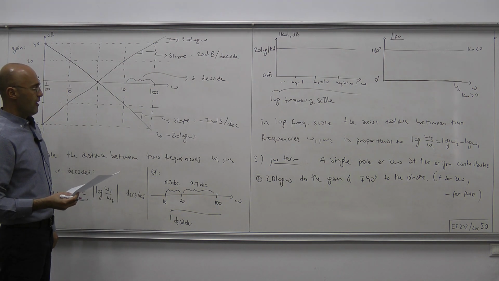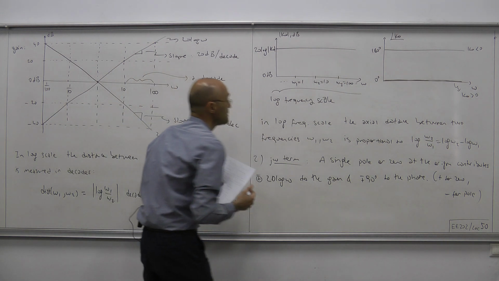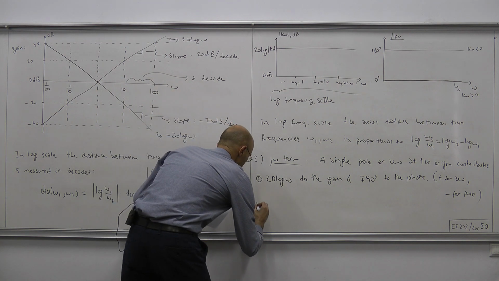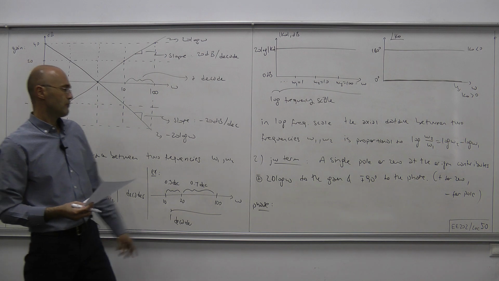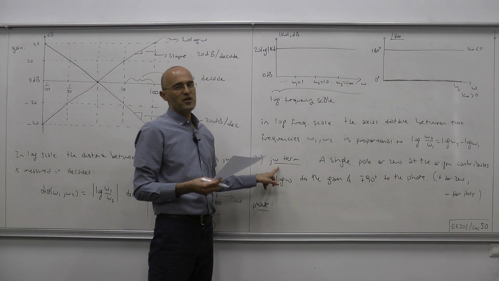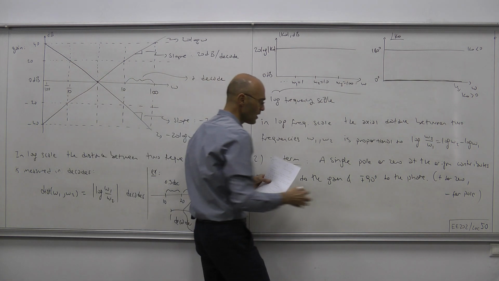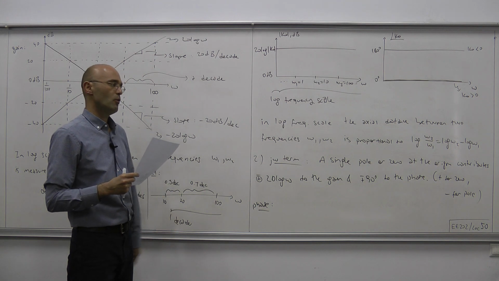Okay, and how about the phase? The phase of the j omega term, well, we can squeeze it here because it's very simple. For all frequencies, it's purely imaginary. Therefore, the phase is either plus 90 degrees or minus 90 degrees, but in either case, it's always constant.